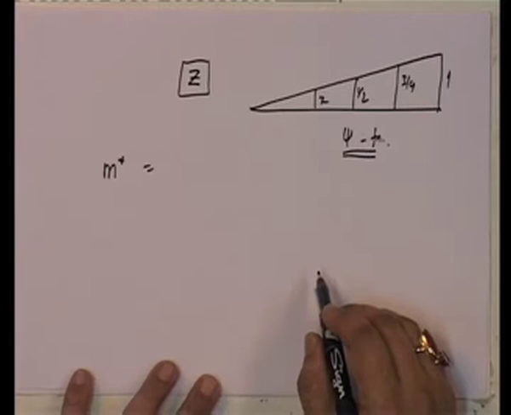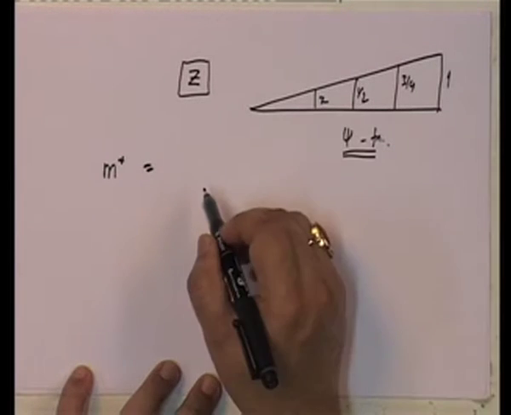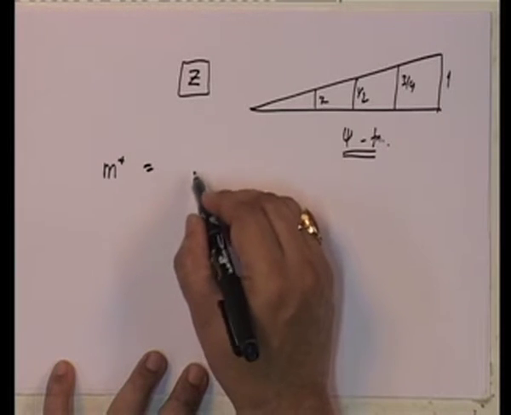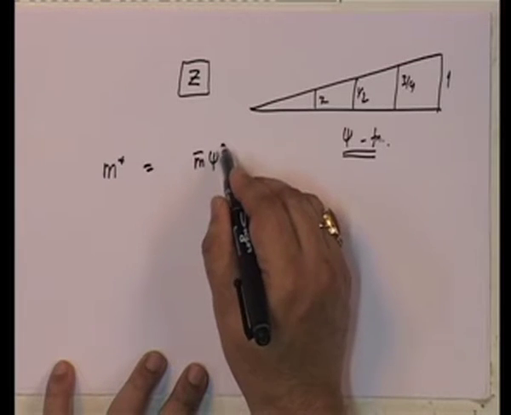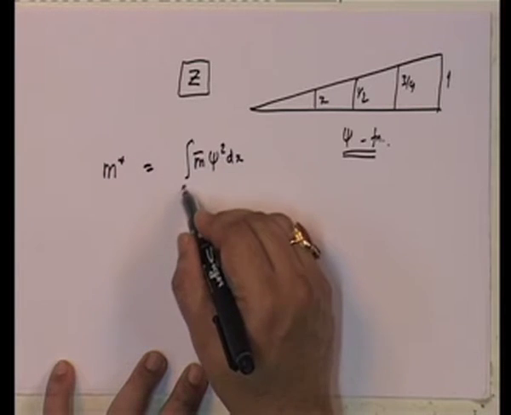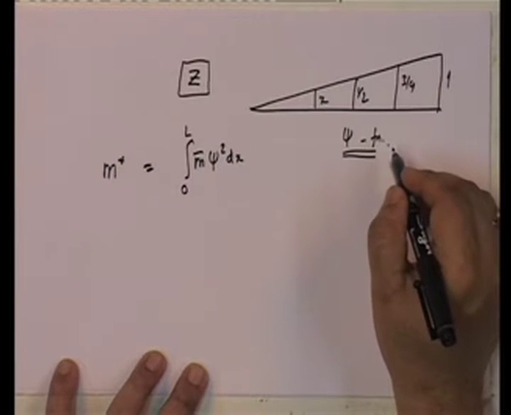If you look at the xi function, then what is my m star in this particular case? The m star becomes m bar xi squared dx, integral from 0 to L. Let us see what this xi function is going to be.